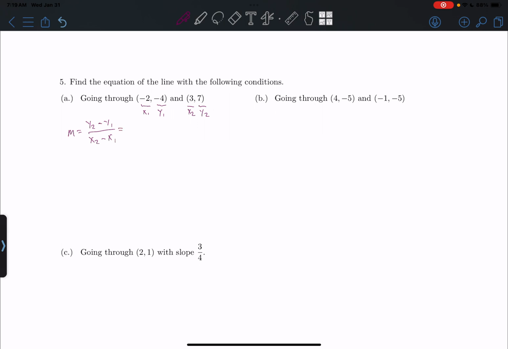So plugging in the numbers, we got 7 minus -4 all over 3 minus -2. And you're going to get 11 over 5. And then from here, choose any point you'd like to work with, and then apply point slope form.